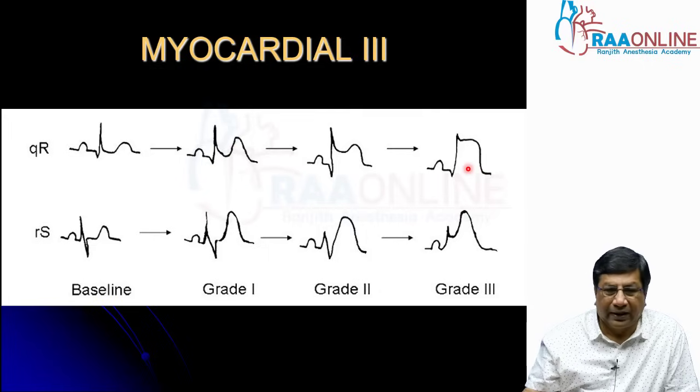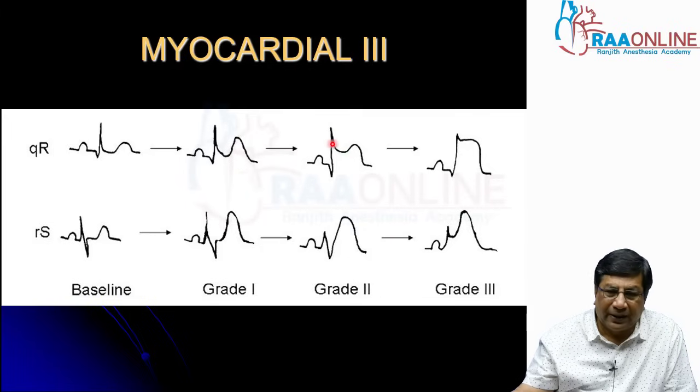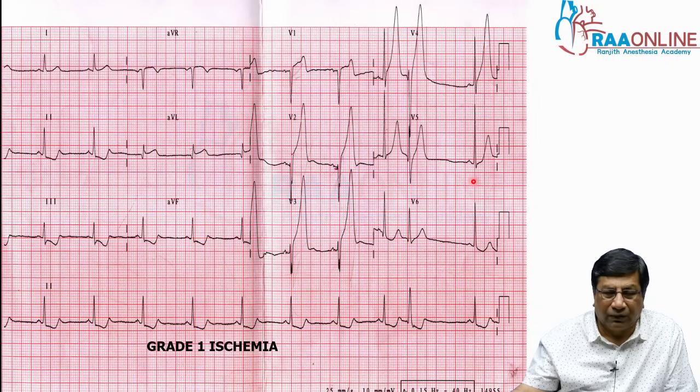Grade 1 is a tall T wave with a mild elevation. Grade 2 is ST elevation, but it is not completely disfiguring the downslope of the R wave, whereas grade 3 ischemia completely replaces the downslope of the R wave.